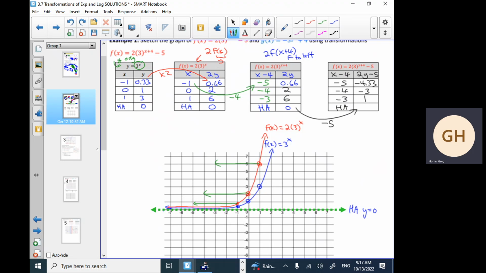-3, 1, that's the 6 dropped by 5, and then the 0 dropped by 5 brings the horizontal asymptote all the way down to -5, and so we're going to drop by 5. So 1, 2, 3, 4, 5, all the way down to there. 1, 2, 3, 4, 5, down there, and from this arrow, 1, 2, 3, 4, 5, all the way down to the top of that one.